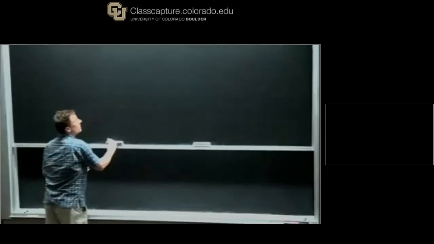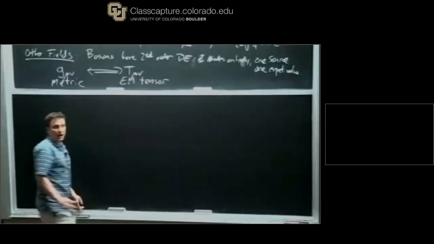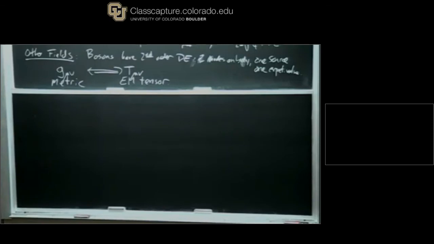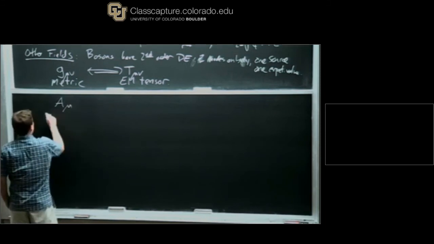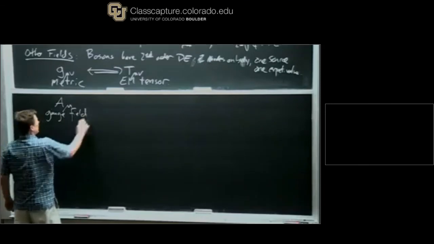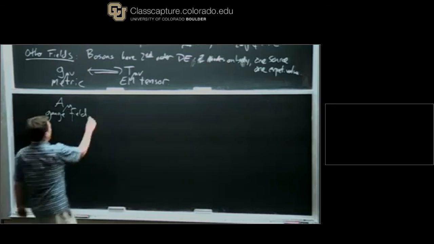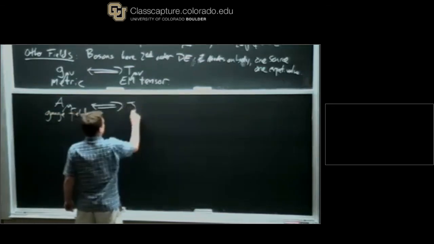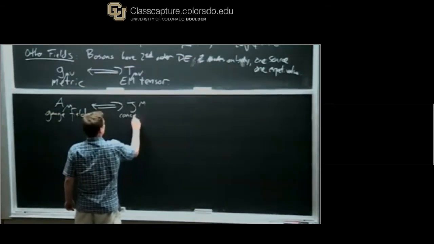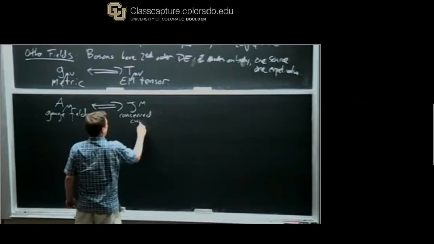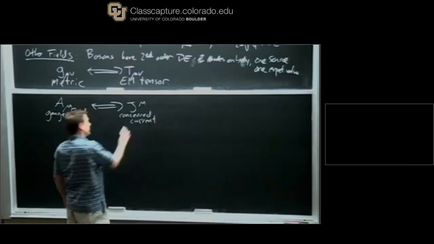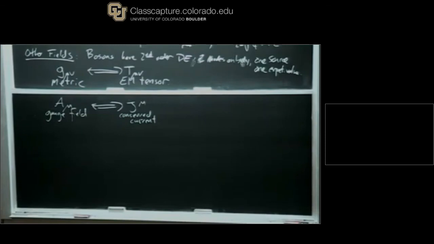And then the other is we talked about how if we have gauge symmetries on the gravity side, that corresponds to global symmetries on the field theory side. So if I have a gauge field, A mu, on the gravity side, there must be some conserved current that this is associated to. In fact, the dual operator is just J mu, the conserved current associated to whatever that particular global symmetry on the field theory side is.